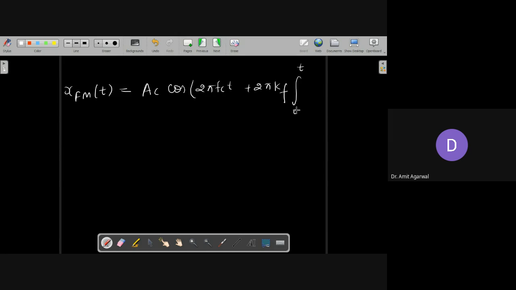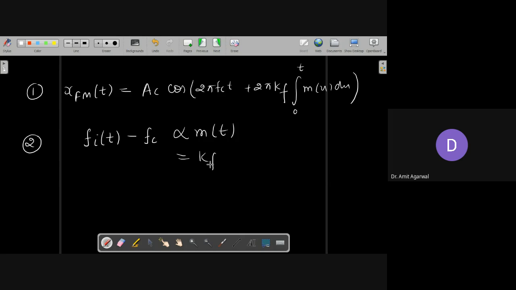In some books, you will also get minus infinity as the lower limit, so it's okay. Then, what is the frequency deviation? That is directly proportional to your message, or it is kf m(t). What is your kf? kf is frequency sensitivity. What are the units? Hertz per volt.